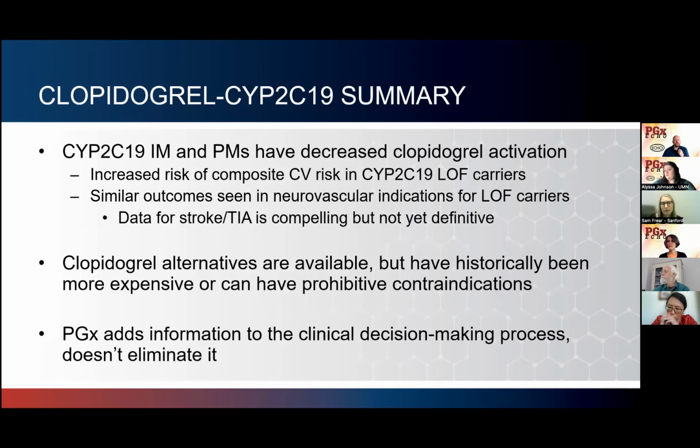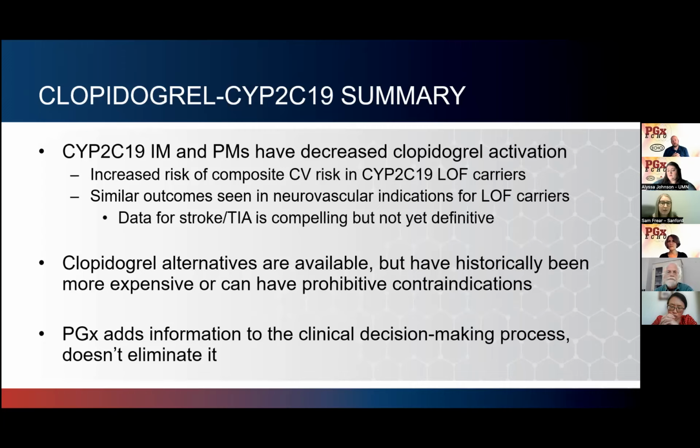And so looking at these two studies, the big main takeaways that we should gather from that is our intermediates and poors of 2C19 are having that decreased clopidogrel activation. And so they're having increased risk of composite cardiovascular risk in that loss of function carriers. And we're seeing very similar outcomes.